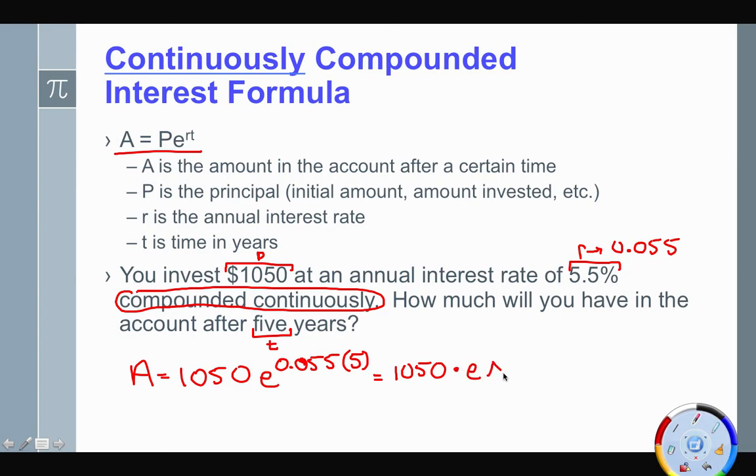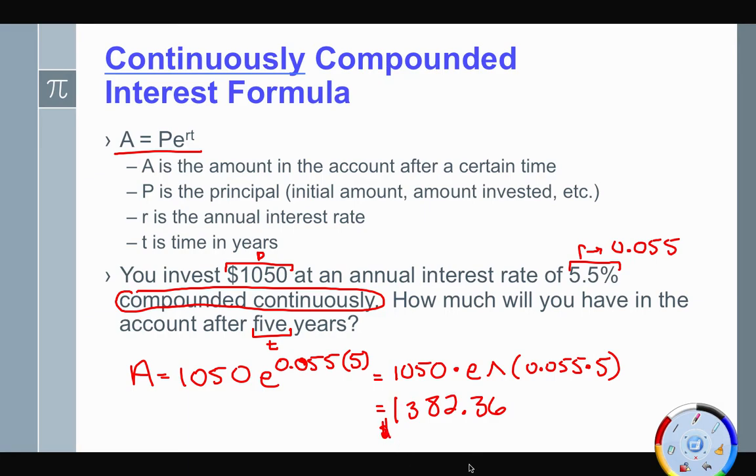If yours comes up as a caret, you need to put this in parentheses as 0.055 times 5. So that way it knows that the whole exponent is that product. And when you do this, you are going to get $1,382 and approximately 36 cents.